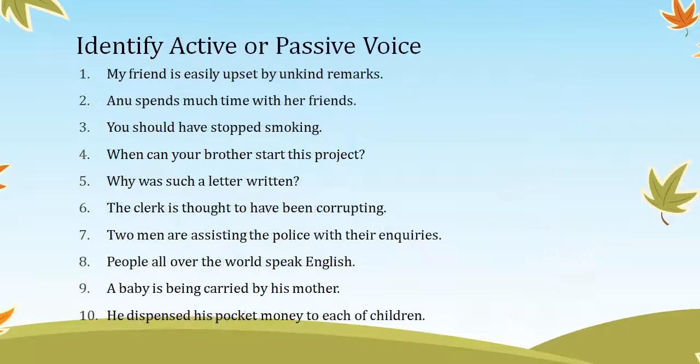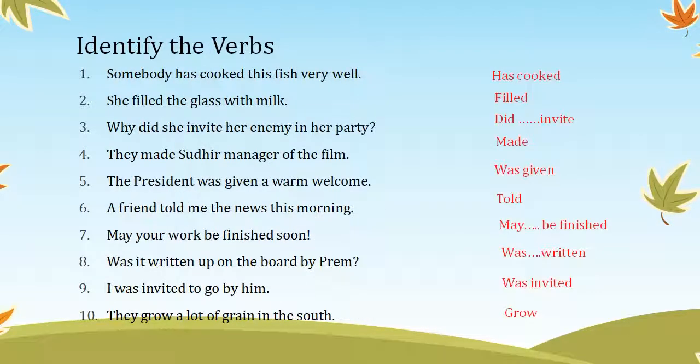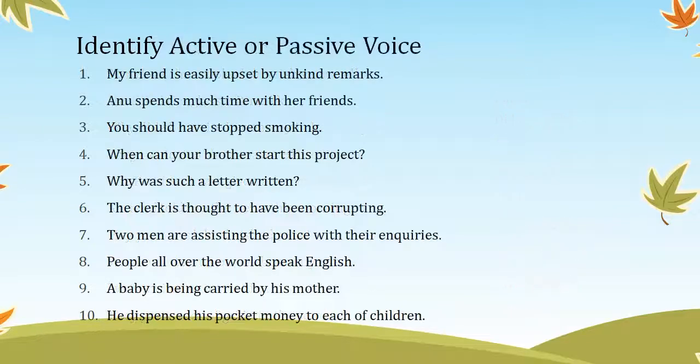Okay, now let's go over this one. What do you understand? From there also we can understand why we have to know about the verbs. We have to learn about the verbs. Okay, now we go to another slide. Identify active or passive voice. I'm again giving 10, because from the beginning I'm teaching you which type of sentence is the active voice and which type is the passive voice.